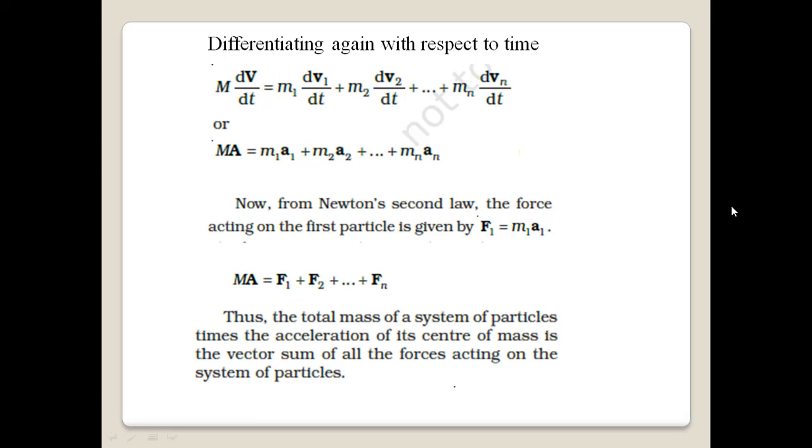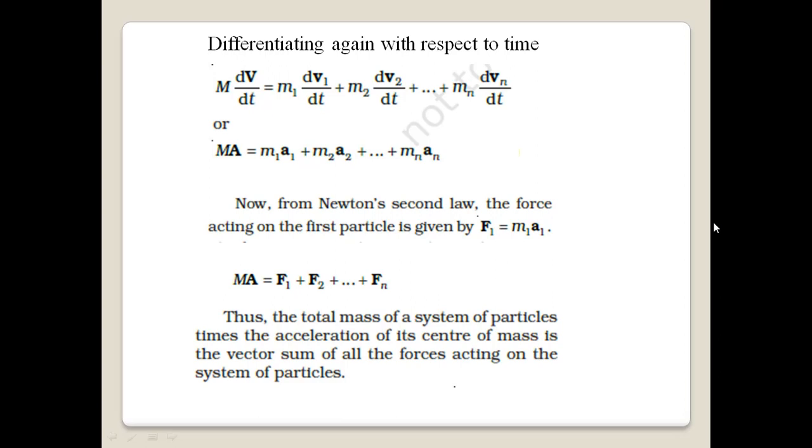And dv1 by dt on the right side will give you a1, the acceleration of the first particle. dv2 by dt will give you a2, the acceleration of the second particle, and dvn by dt will be an, the acceleration of the nth particle. So we have M into A on the left side. M is the mass of the system and A is the acceleration of the center of mass.